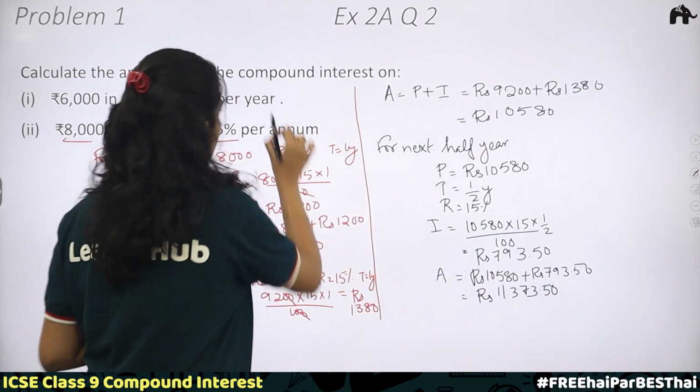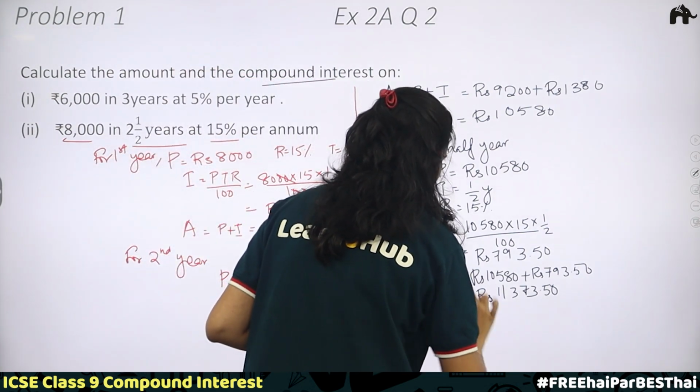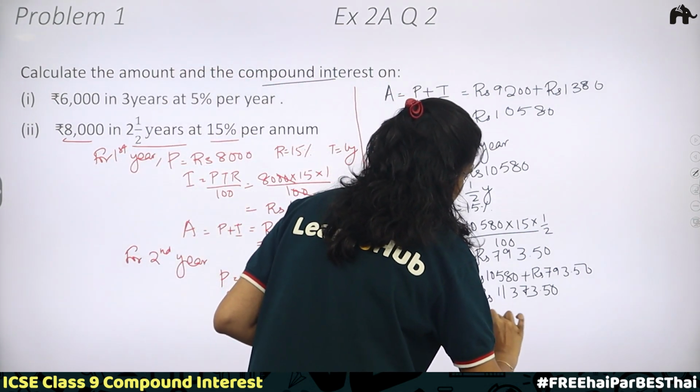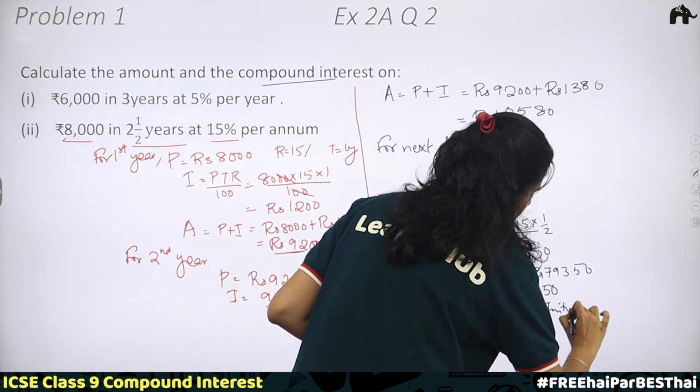Next we have to find the compound interest. Compound interest will be equal to final amount minus initial principal.